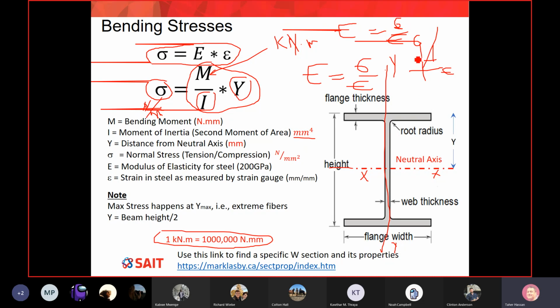Think about it as x and y. This one is the slope, so y is equal to mx. The E is the slope, your m, epsilon is your x, and sigma is your y. That's pure math. So sigma is equal to E multiplied by epsilon. Now I'm asking you, did we measure epsilon? And remind me, please, what is epsilon in this equation?